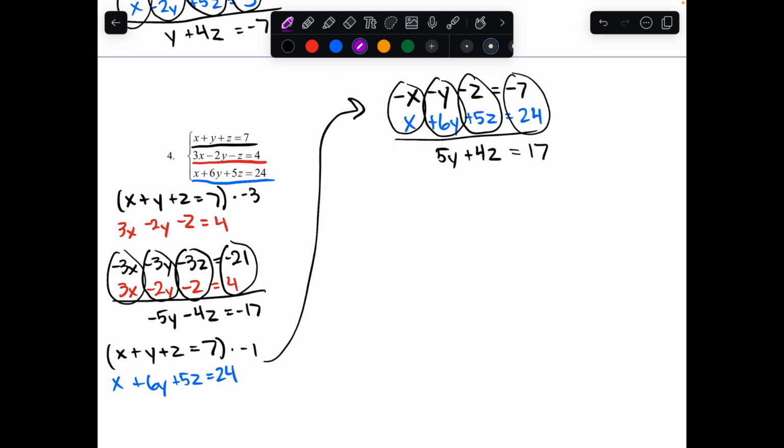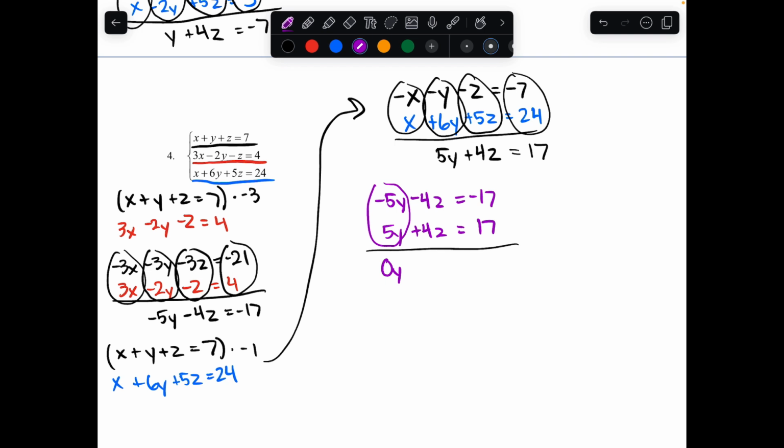So let's rewrite it. We have negative 5y minus 4z is equal to negative 17. And we have positive 5y plus 4z is equal to positive 17. Adding that together, we're going to have negative 5y plus 5y, so 0y.